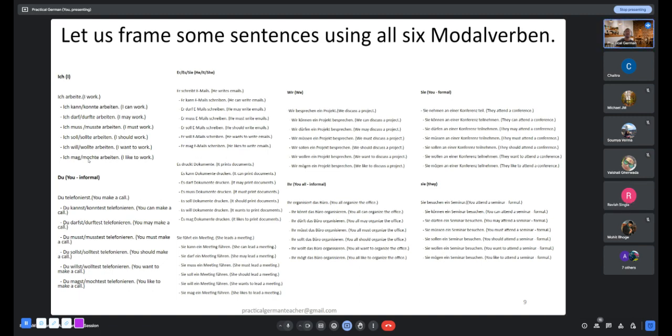So you're saying why am I writing kann and konnte together? Ich kann arbeiten means I can work. Ich konnte arbeiten means I could have worked. These are two different sentences, the second one is past tense. Okay, now I got it. Yes, yeah.